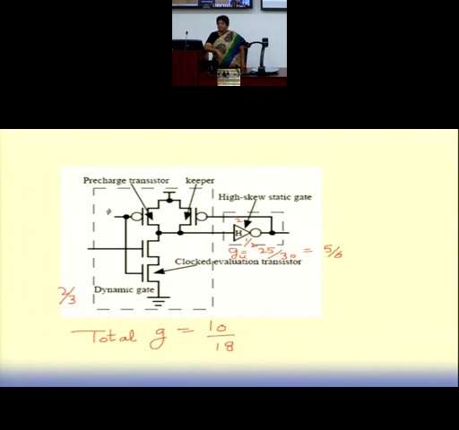We make the unfavored, which is pull down, slashed by half. So normal 2:1 becomes 2:2. That's what we do for designing a high skew gate. So the G up for this comes out to be 2 by 2.